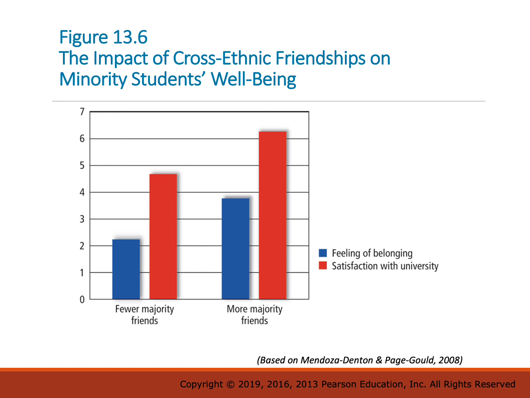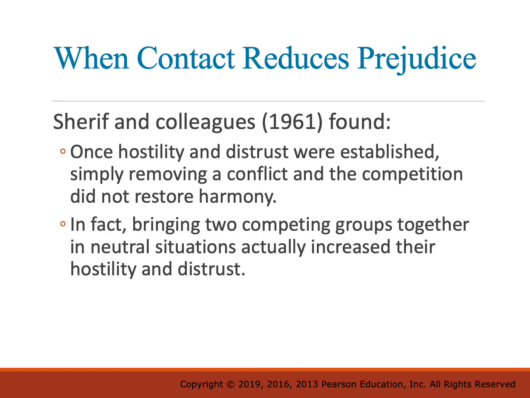Additional research that we can discuss in relation to the contact theory. Sherif and colleagues way back in 1961 found that once hostility and distrust were established between groups, simply removing conflict and removing competition did not restore harmony.